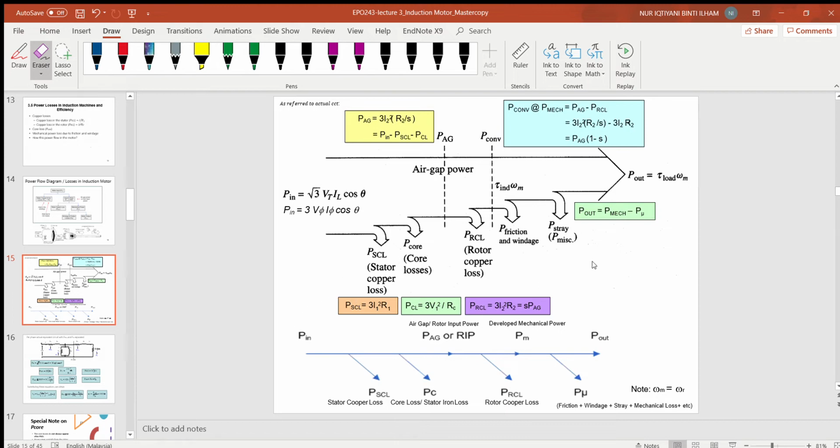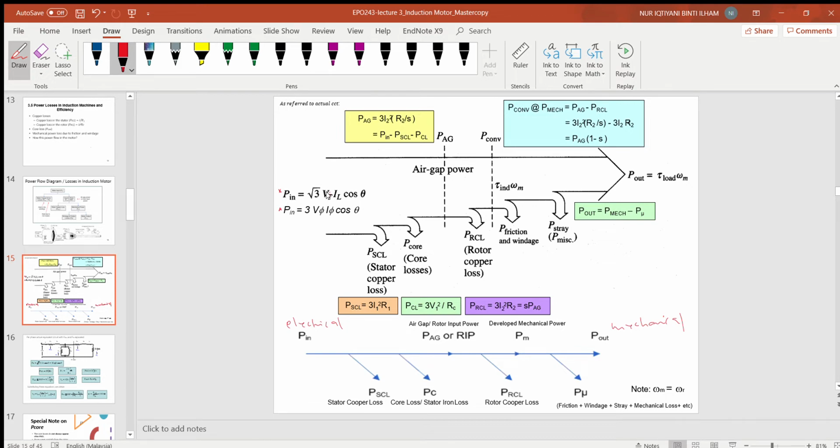I would like to remind that the induction motor converts electrical energy to mechanical energy. So the P in should be electrical, and the P out should be mechanical. Since the P in is electrical, you can use either this formula or this formula. Recall your three-phase chapter 1.